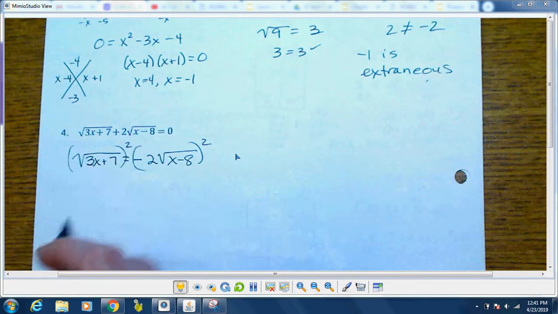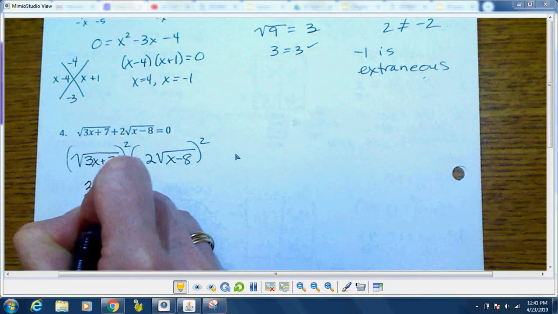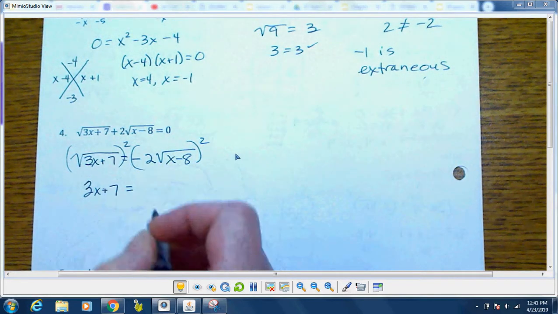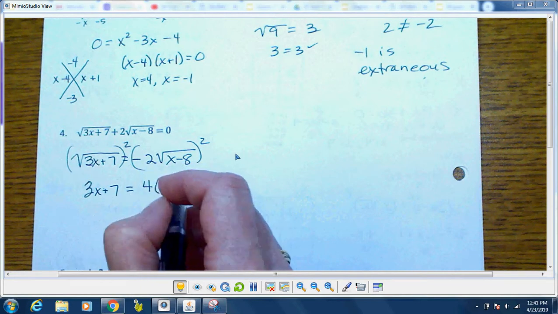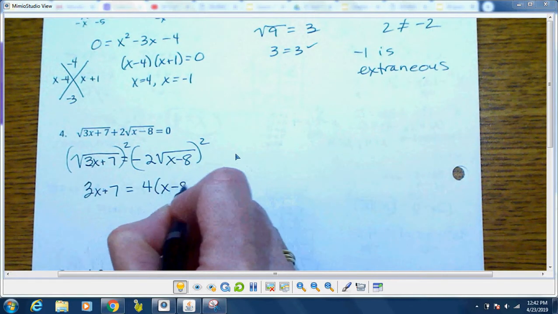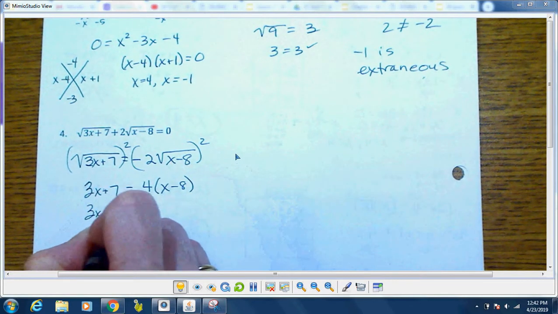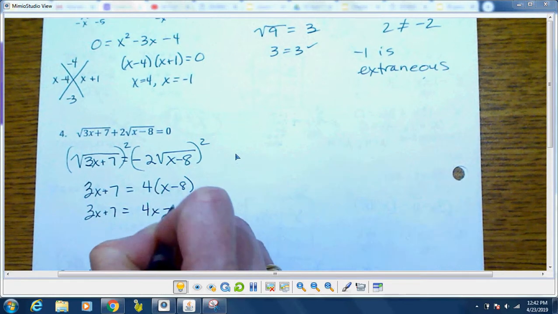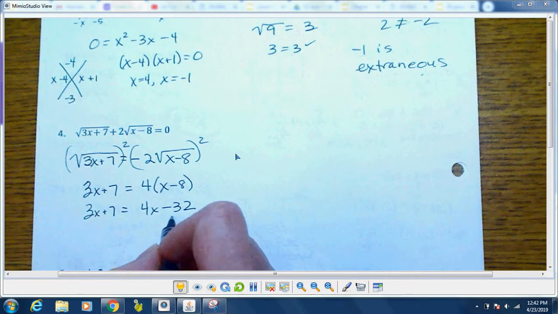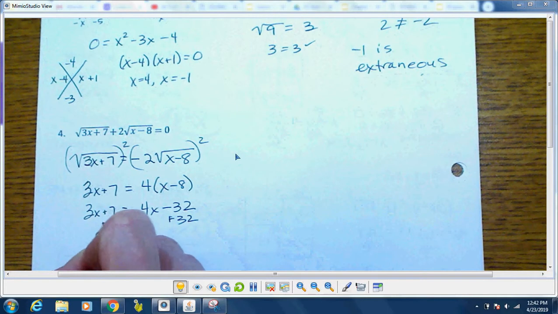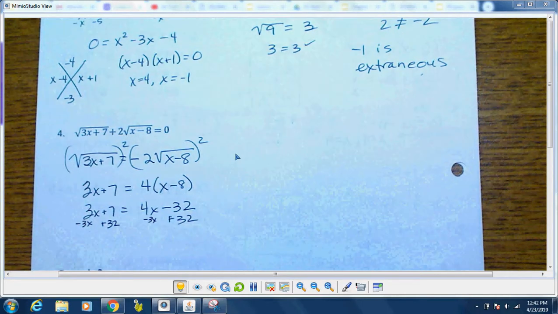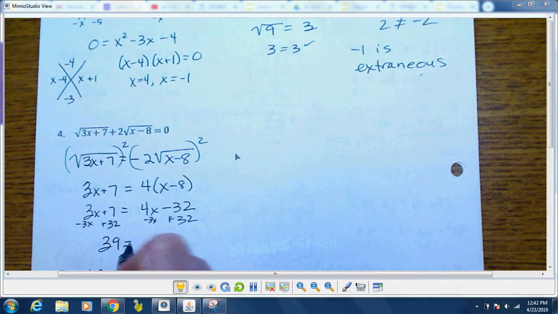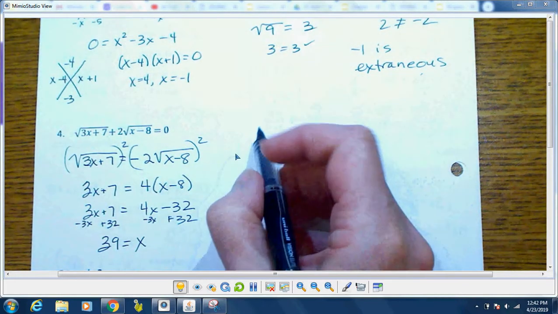I'm going to do it super fast. 3x plus 7 equals 4 times, because -2 times -2 is 4, x minus 8. 3x plus 7 equals 4x minus 32. I'm going to add 32 to this side, add 32 to that side, subtract my 3x, and I get 39 equals x.